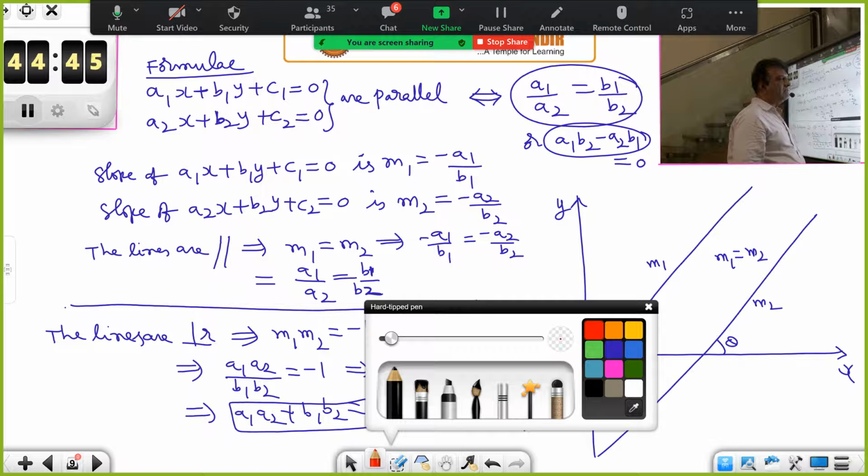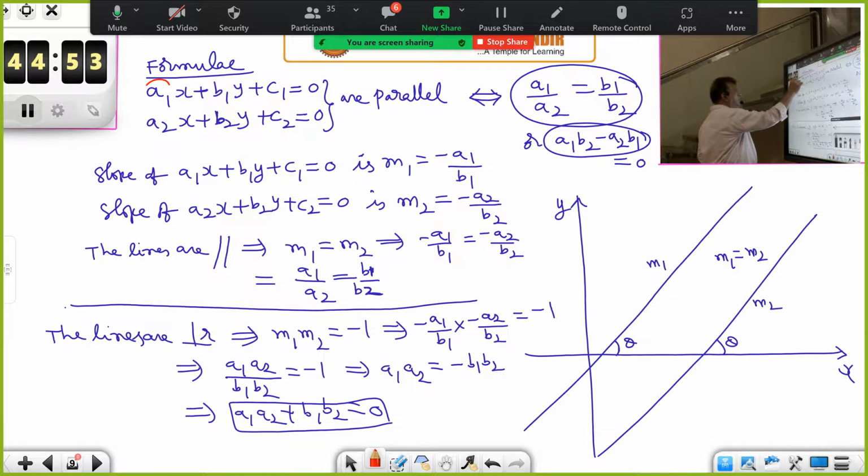What is the dot product? a1 a2 plus b1 b2 plus c1 c2. Is it not? Similarly here, the dot product of two lines means a1 a2 plus b1 b2. Don't take constants. Constants will not play any role in parallel and perpendicular conditions. They have no role to play. So a1 a2 plus b1 b2 is equal to 0.